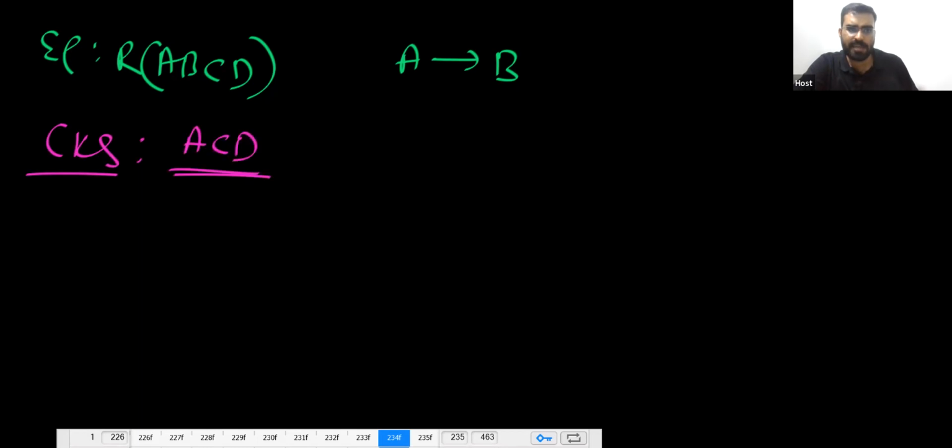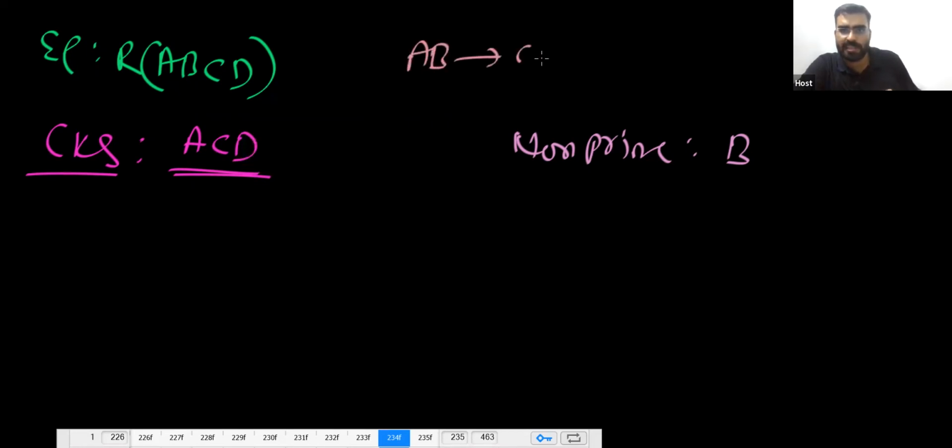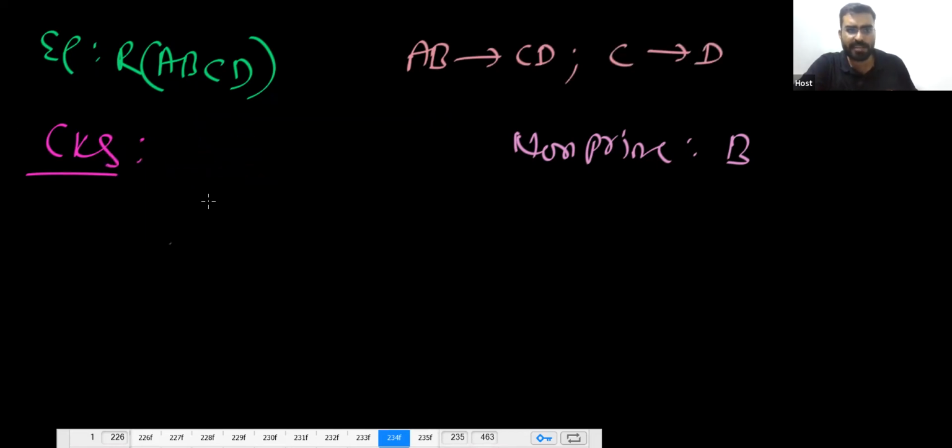ACD is the candidate key, so the non-prime attribute is B. Actually, let's assume AB determines CD, and C determines D. So here the candidate key is AB. The non-prime attributes are C, D.